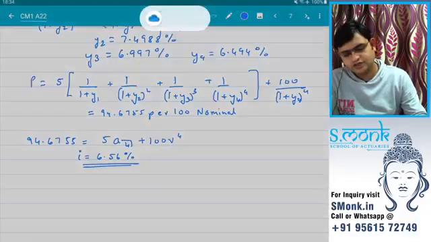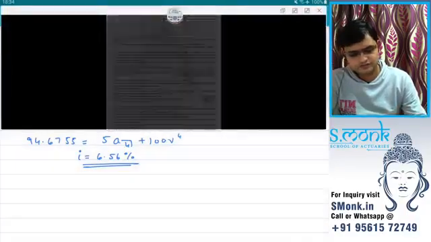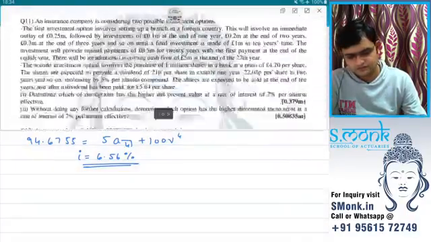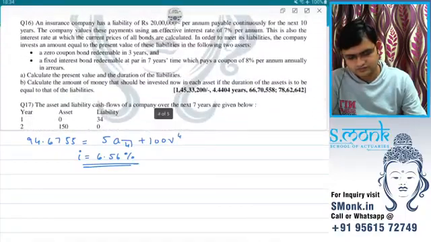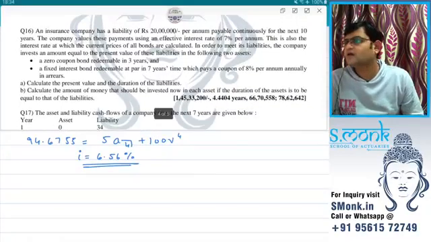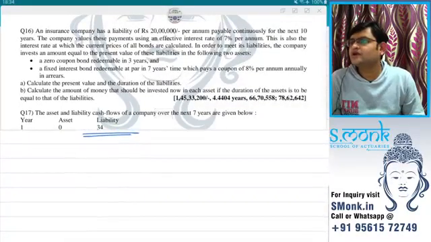Then 16B. An insurance company has a liability of 2 million per annum payable continuously for the next 10 years. The company values these payments using an effective interest rate of 7% per annum. This is also the interest rate at which the current price of all bonds are calculated.